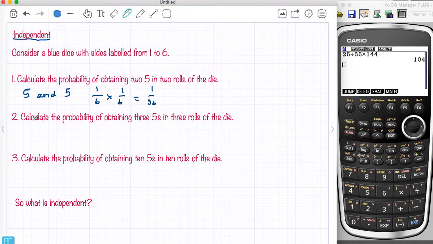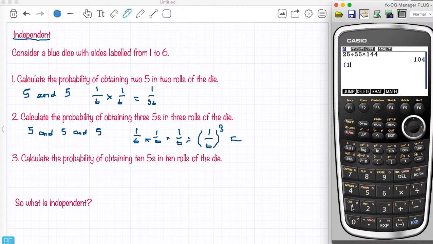Let's have a look at the next one. Calculate the probability of obtaining 3 5s. So we want to go 5 and, remember there's times, 5 and 5, which is a 6th times a 6th times a 6th, which can also be written as 1 over 6 cubed, which is how I want to put it into my calculator.